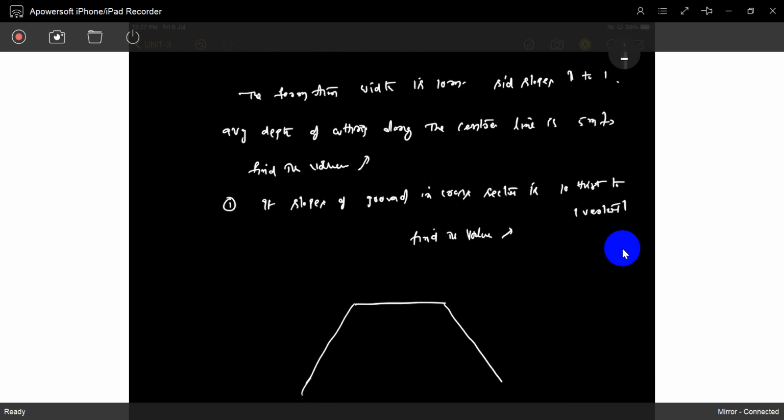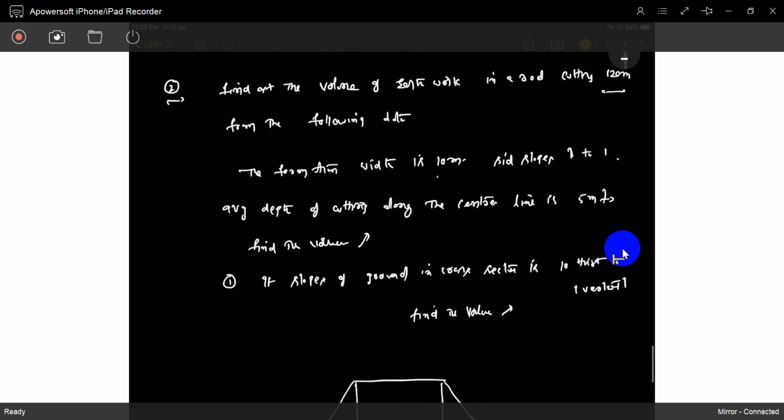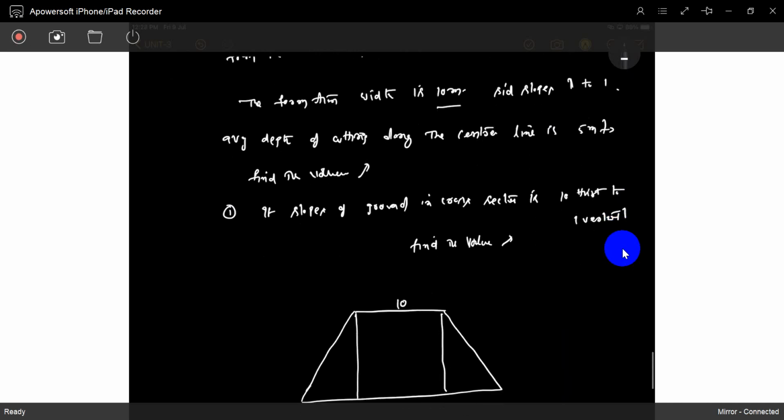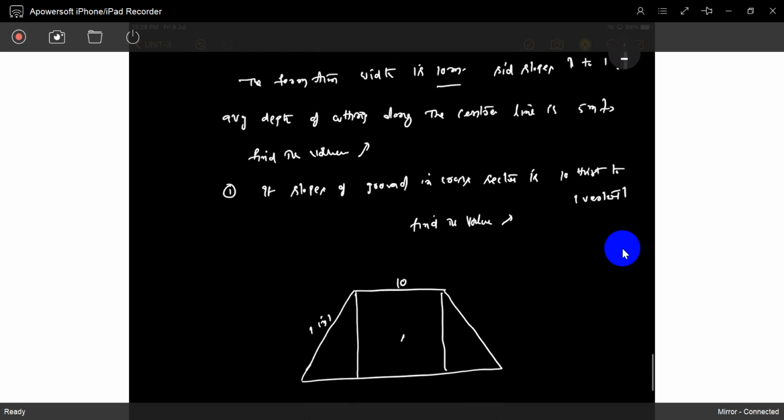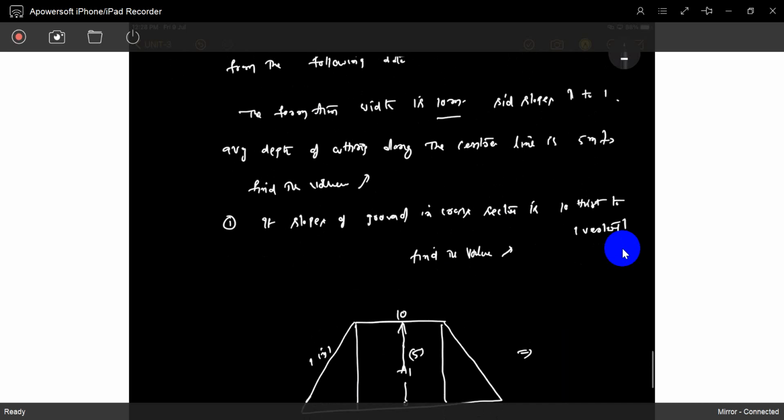So we already know it. He said the width is 10 meters, with side slopes 1 in 1. What is that area? He gave an average height of 5 meters.